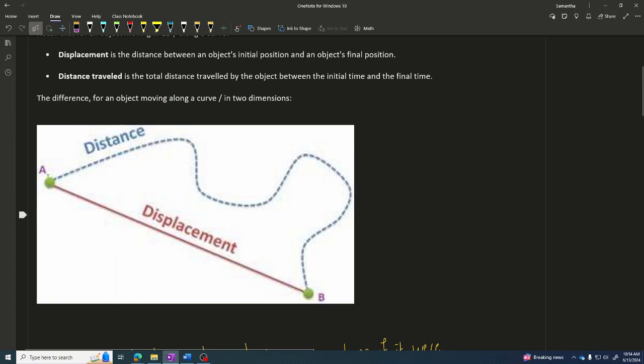How would you find the length of this blue curved track that the object has followed?